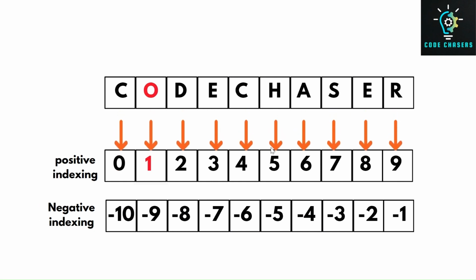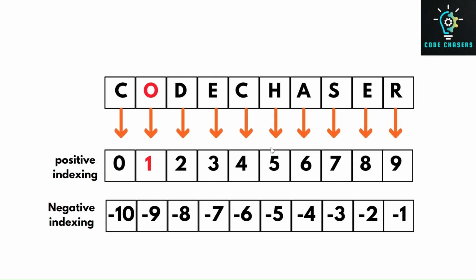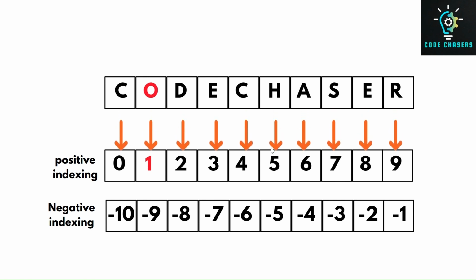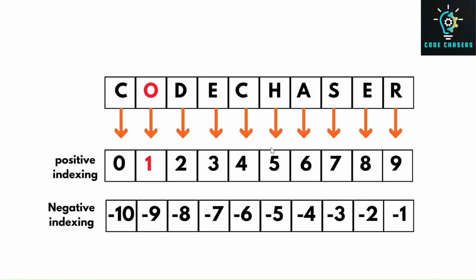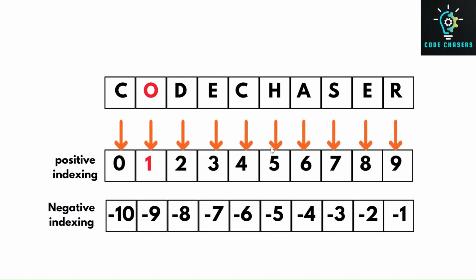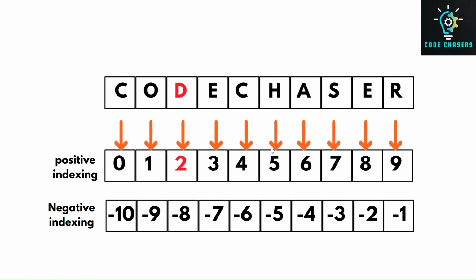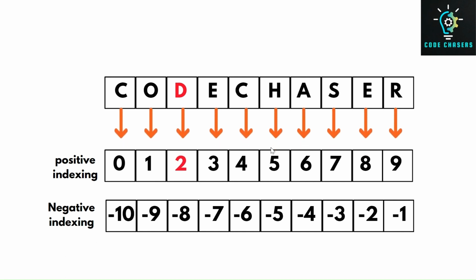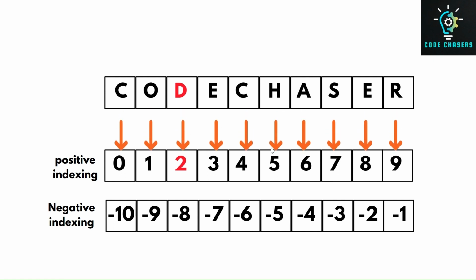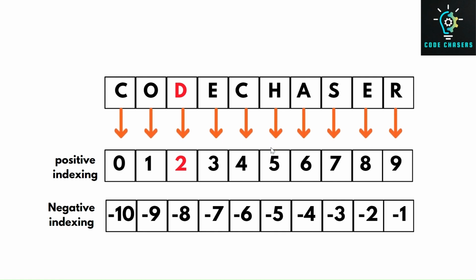If we shift to the second alphabet, that is O, the indexing position of O is 1 in positive indexing. Likewise, the third character in Code Chasers is D, and the index position the character D is holding is 2.